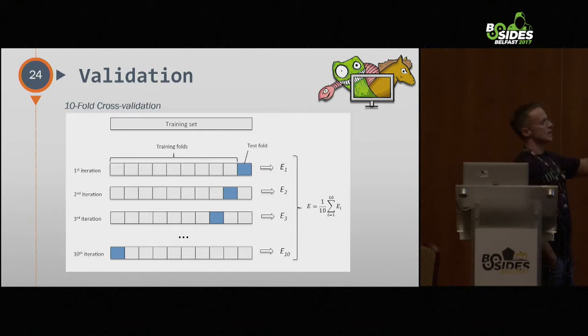It iterates through all of the different folds, or sections, of the training set, and the result is then an average of each outcome. So it eliminates some of the bias if the data set is unbalanced.